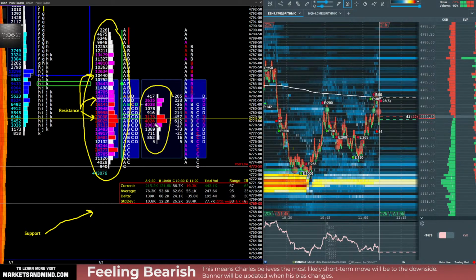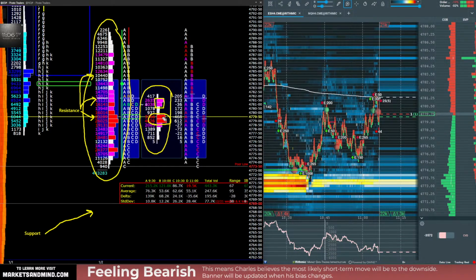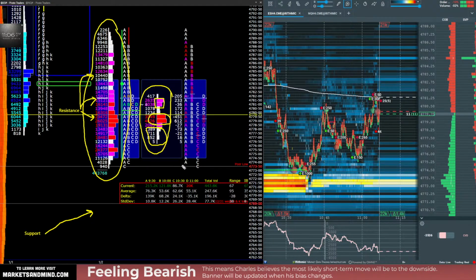The red is the highest 30% of volume. The pink is the middle 40% of volume, and the white is the lowest 30% of volume. So it's just adjusting, second by second, tick by tick, as those volume levels change in comparison to the rest of that time frame.